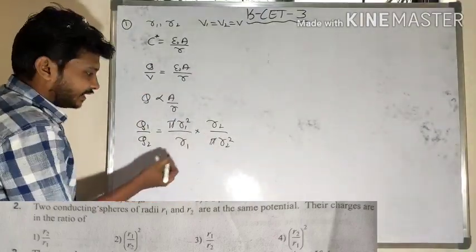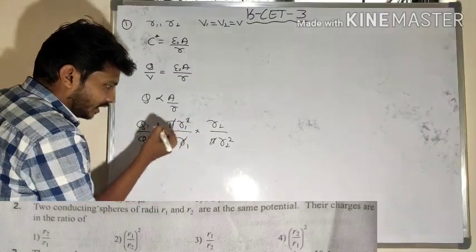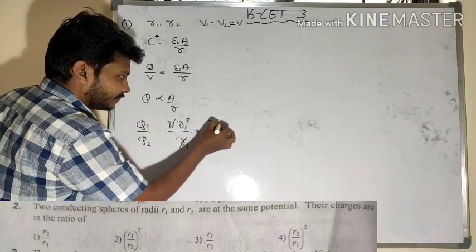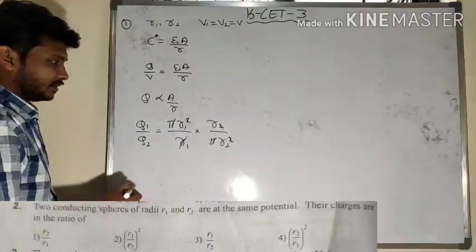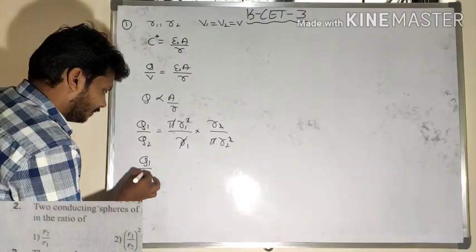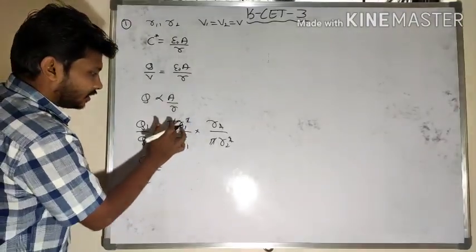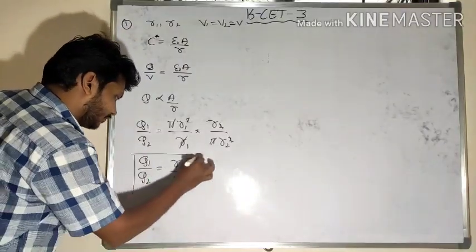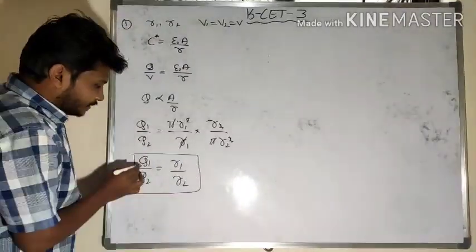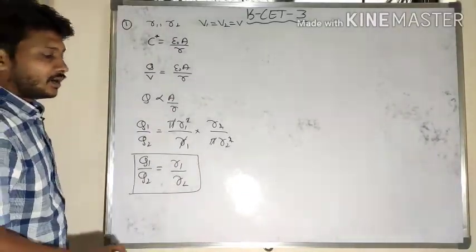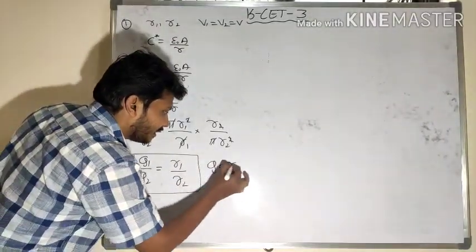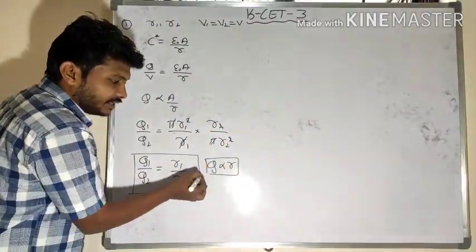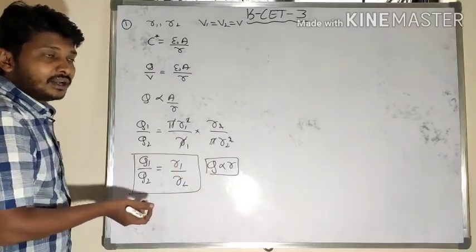The pi term gets cancelled out, and one r term gets cancelled out in each. So Q1 by Q2 is equal to r1 by r2. It means that Q is directly proportional to the radius of the sphere. As the radius of the sphere increases, the charge value also increases.